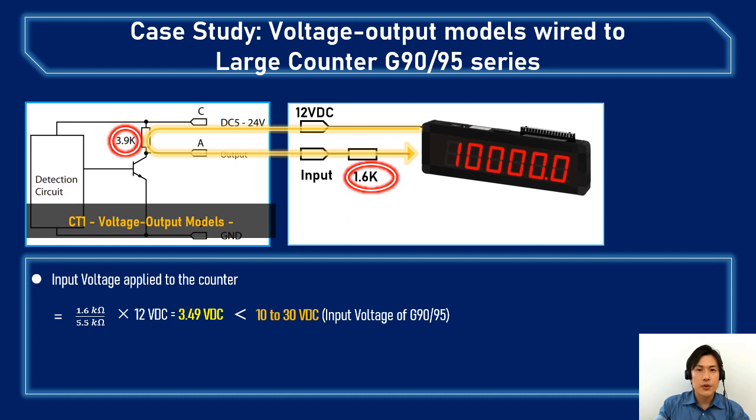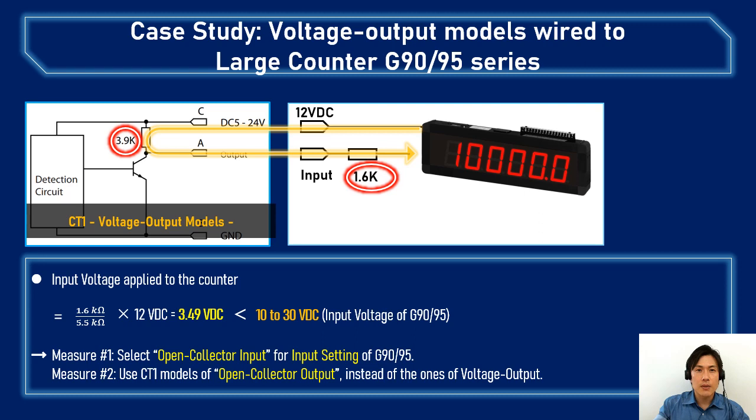However, there are two measures to solve this issue. The first measure is select open collector input for input setting of G90 or G95. The other measure is use CT1 models of open collector output instead of the ones of voltage output. By adopting either measure, you can use the large counter G90 or G95 series with length sensor CT1.